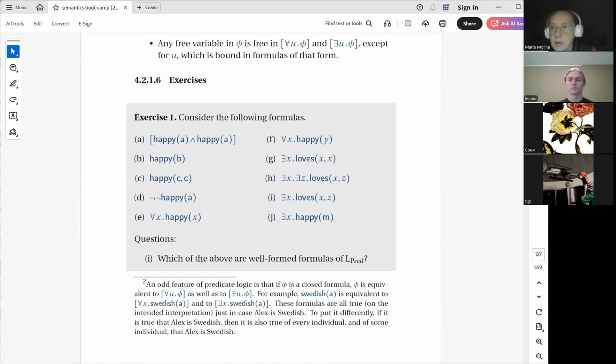Double negation is allowed as well. As negation of a formula is a formula, then double negation is a formula as well. Yeah. Are there any other not well-formed formulas but C?